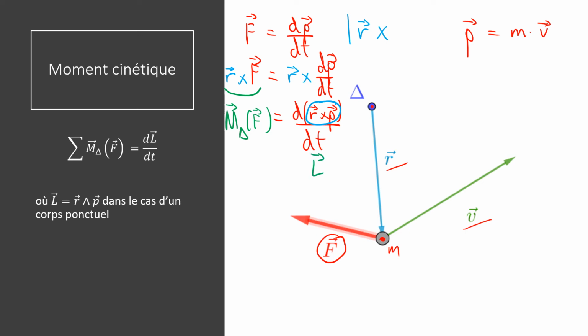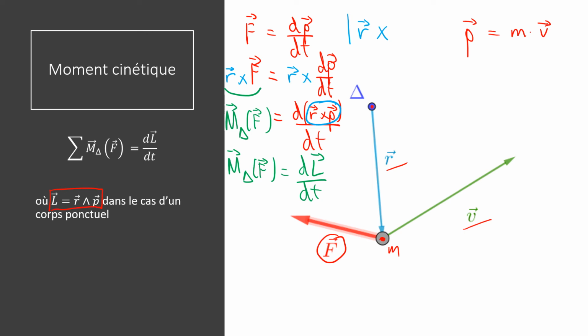So now the torque around axis delta of the force F is going to be equal to the rate of change of a new quantity which we call the angular momentum. And for a point-like particle, the angular momentum is simply defined as r cross p.